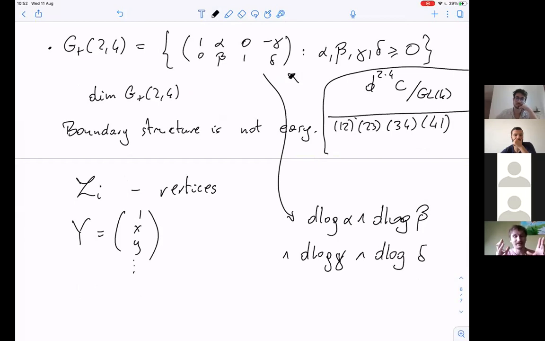And then it is unique in the sense that, first of all, it's the canonical form. You can check that if you go to all the boundaries of G plus 2, 4, you will find residues, and at the end, when you arrive at the points, you get plus or minus 1. It means that it's a canonical form. Now you could reparameterize your Grassmannian and use a different parameterization. You would still get the same differential form, just written in different coordinates.